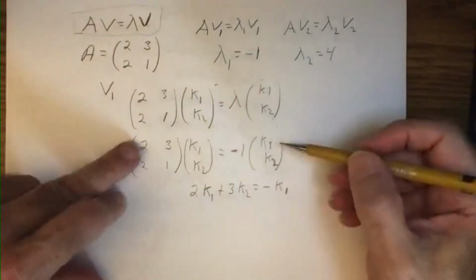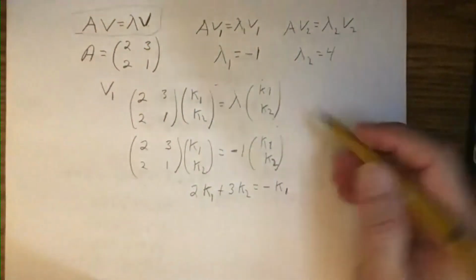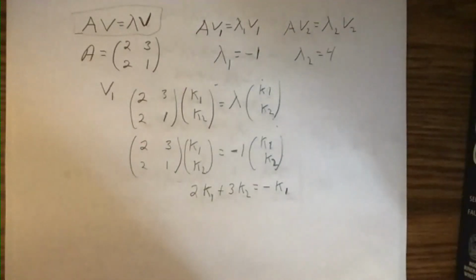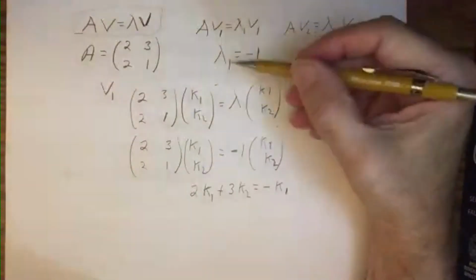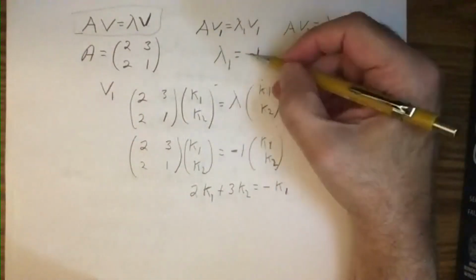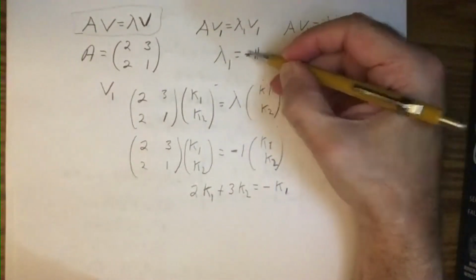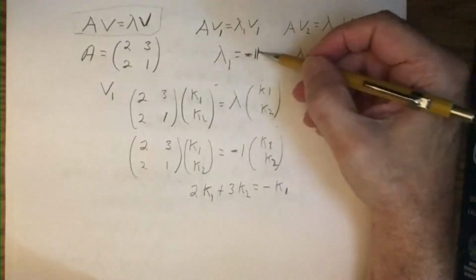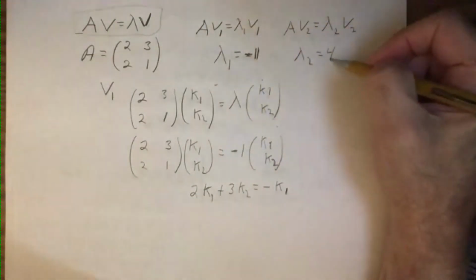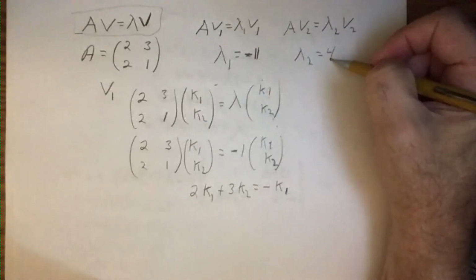Professor, shouldn't the lambda next to the first vector equation be a 4? Or is there a reason why you left it a lambda? No, well, I'm associating this with lambda 1, right? So lambda 1 is -1. Lambda 2 is 4. I have to do both.